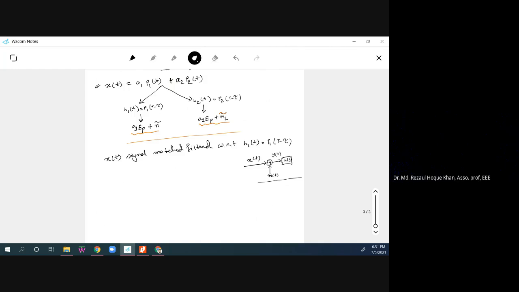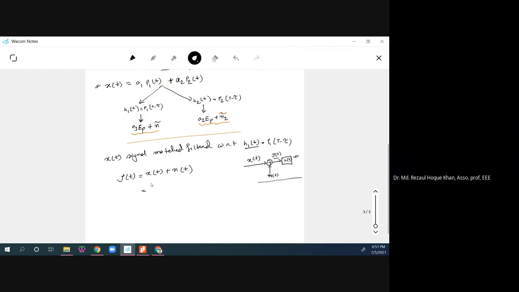So what happens when the signal is matched filtered with respect to h1? I mean, if the matched filter is h1(t), what happens? We know y(t) is nothing but x(t) plus n, where n is the additive white Gaussian noise. We are reading it several times.